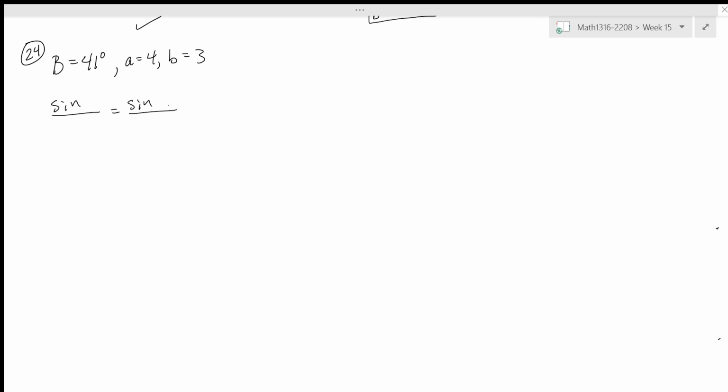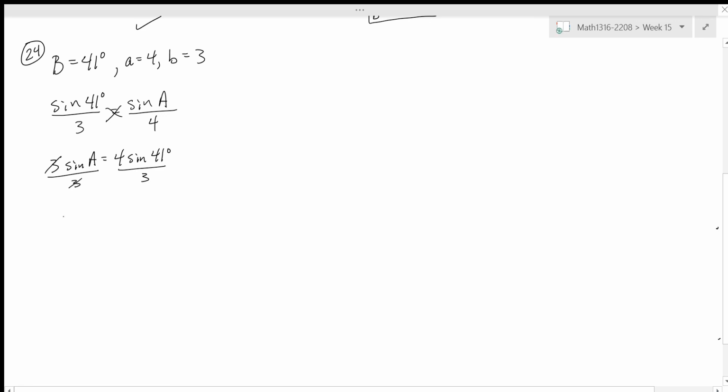So what is the first fraction going to be? Sine 41 over 3, sine A over 4. Cross multiply and divide. 3 sine A equals 4 sine 41. Divide both sides by 3. And we want to do the inverse sine of that.